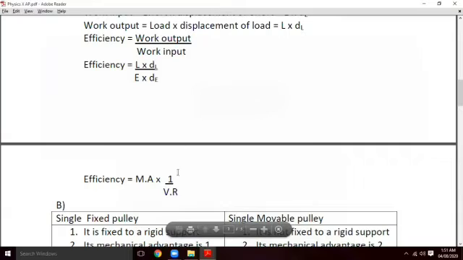Therefore the relation that has to be mentioned in your answer paper is efficiency is equal to mechanical advantage into 1 upon VR, or MA upon VR is equal to efficiency.